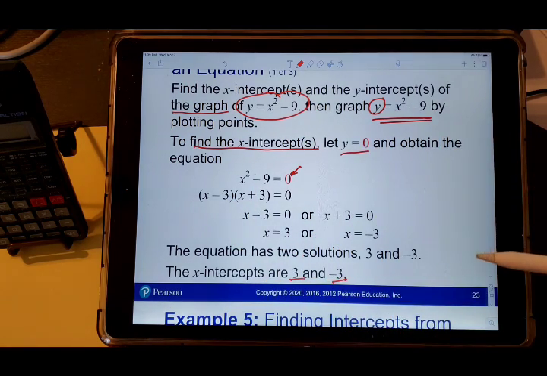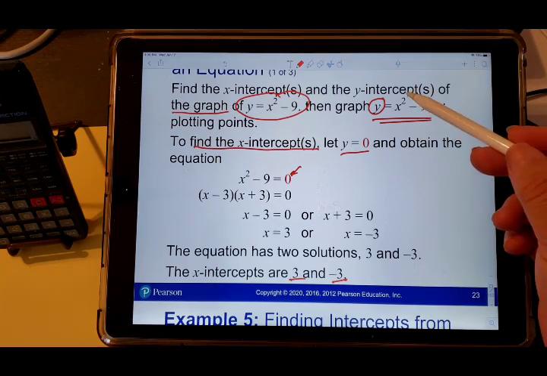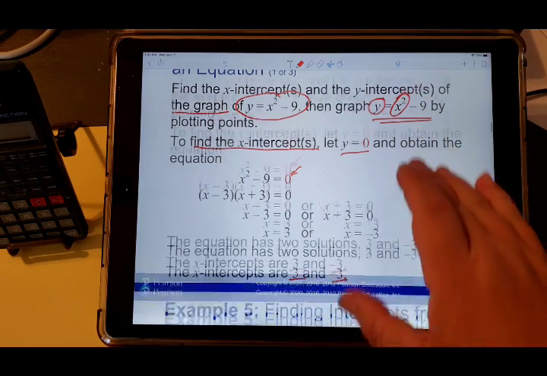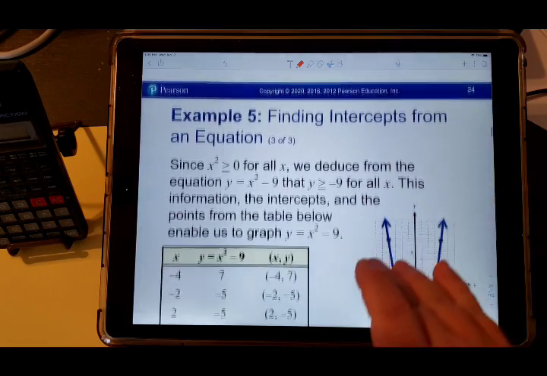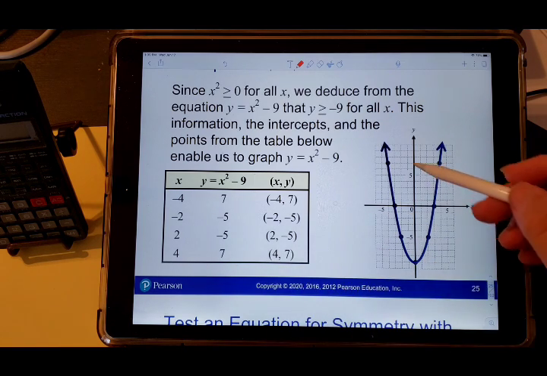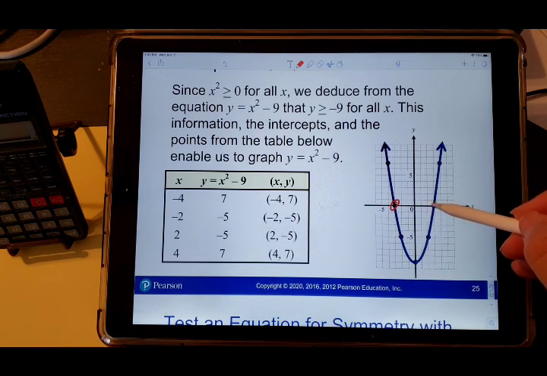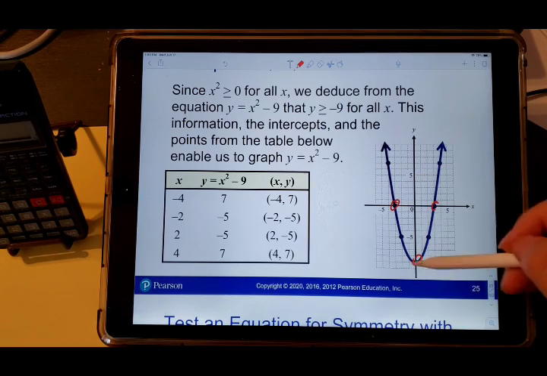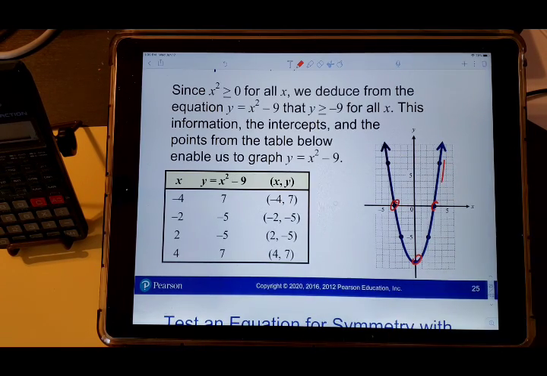Yeah. So it's going to have the same shape as y equals x squared. All right. So let's look, they actually did a little more work with this. They graphed it. They plotted more points. But there are our intercepts and a few extra points. And you can see we got this parabola.